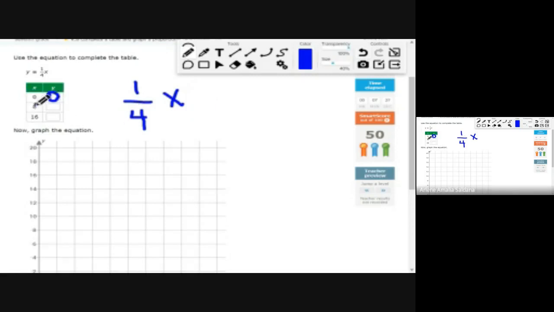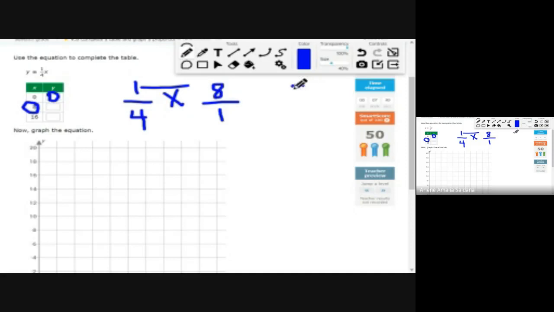But let's try the next one, 8. Whenever you're multiplying a fraction times a whole number, the whole number goes over 1. So we're going to do 1 times 8, and that gives us 8. And then 4 times 1, and that gives us 4. We have to simplify this by dividing it. So if we do 8 divided by 4, your answer for this one is going to be 2. So the second y is 2.